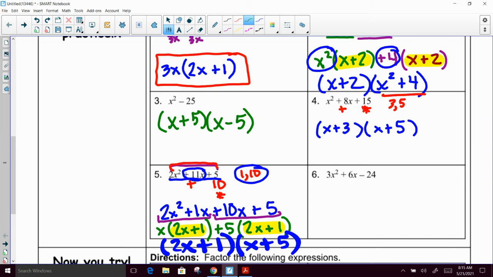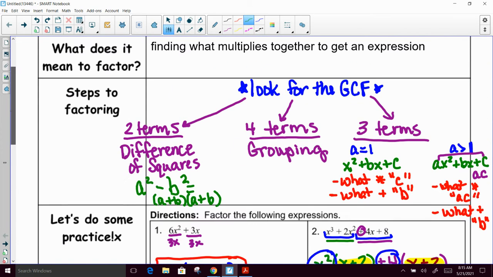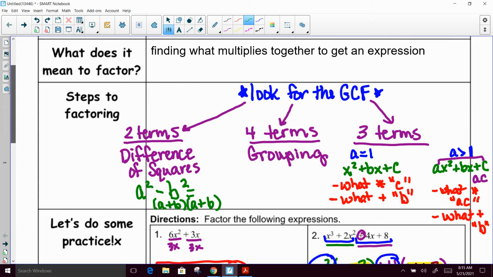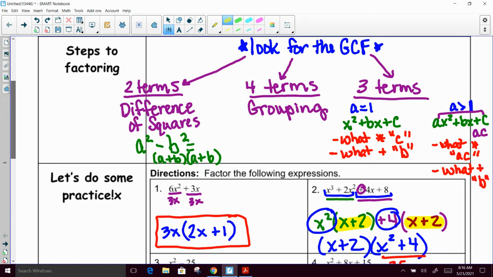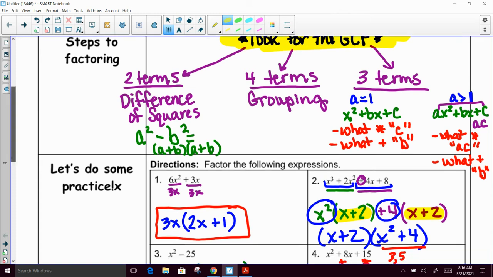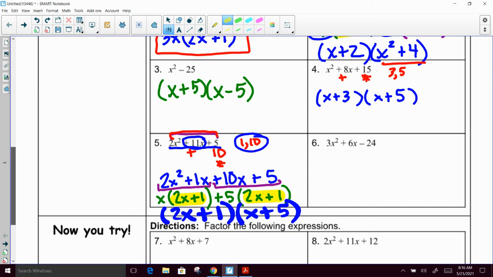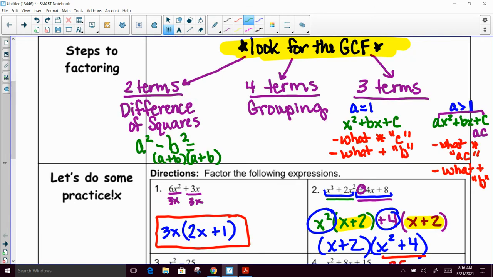All right. So let's take a look at number 6. Okay, keeping in mind all of these different steps in terms of factoring. Very first step, always, always, always, always look for the greatest common factor. Do I have a greatest common factor in number 6? Yeah, I do. It's 3.